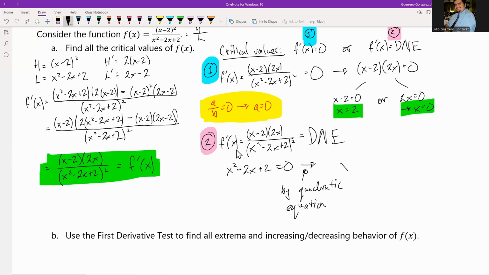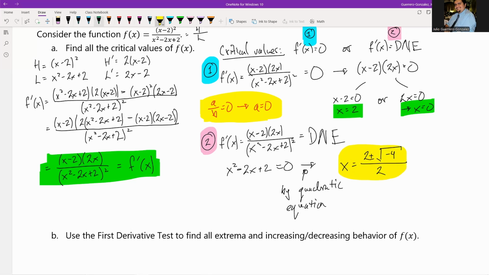You find that x is going to be equal to 2 plus or minus the square root of negative 4, all over 2. Okay, this right here, hopefully you guys remember, is a complex value, not a real value.